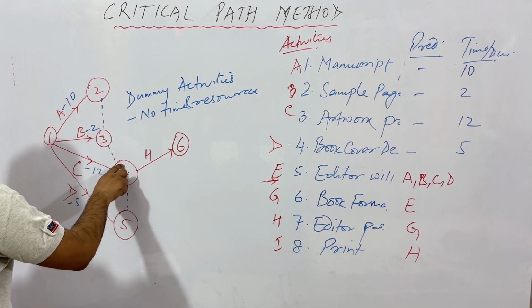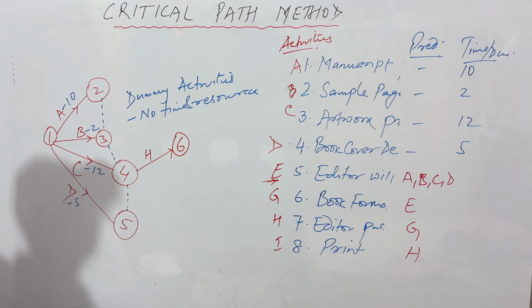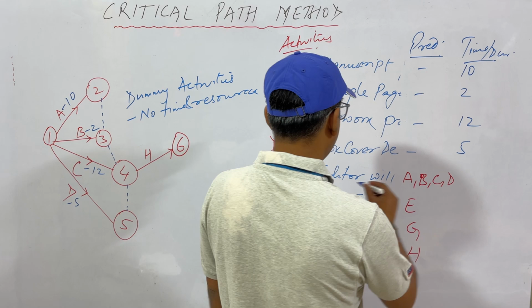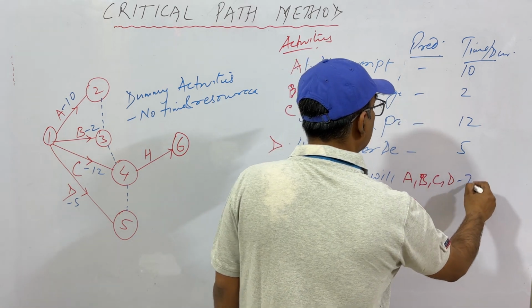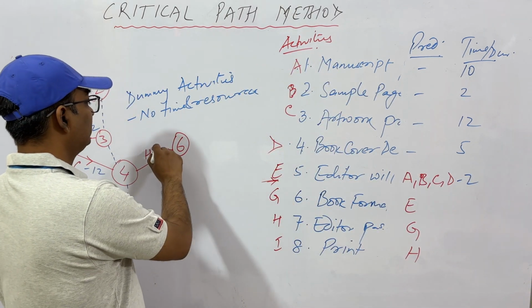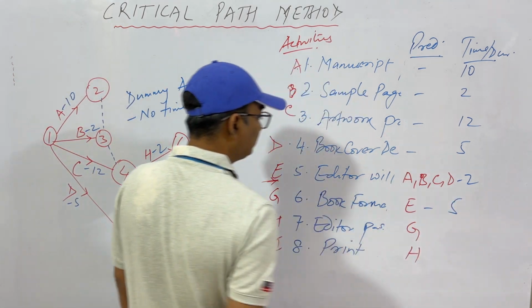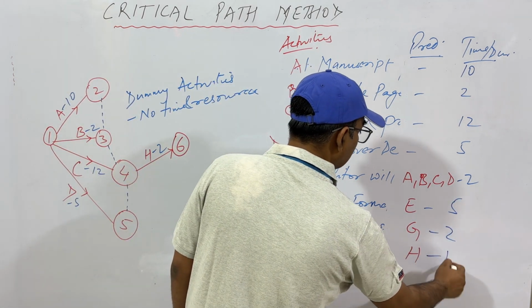Once this is completed, we go to the next activity. Let's say the editor passing this takes 2 days, so this will take 2 days. Now book formatting next takes 5 days. This again takes 2, and this takes 10.